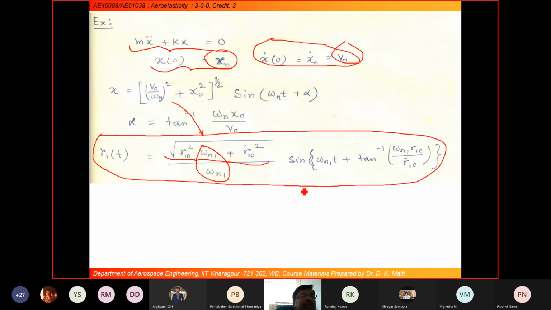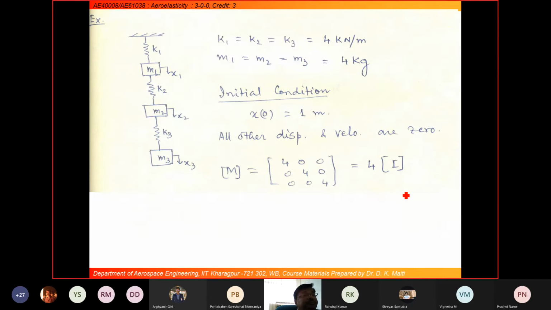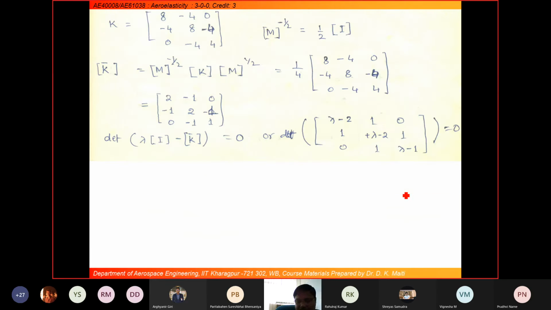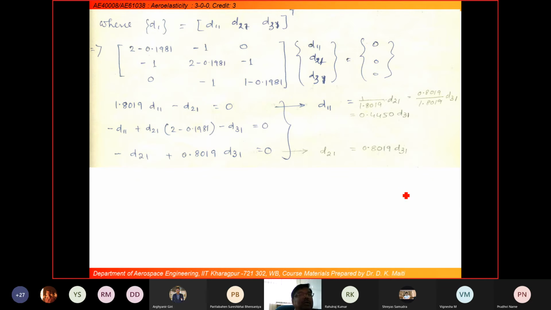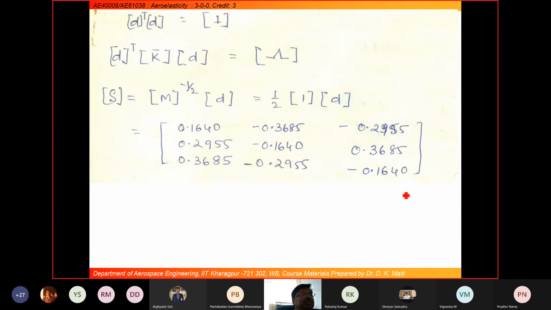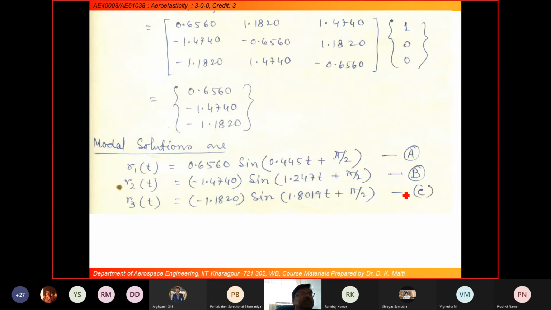So let me come now to this equation, whatever we have already given as the example. I am skipping this part, I have already shown it. So I'm coming to this one where we have all single degree of freedom systems.